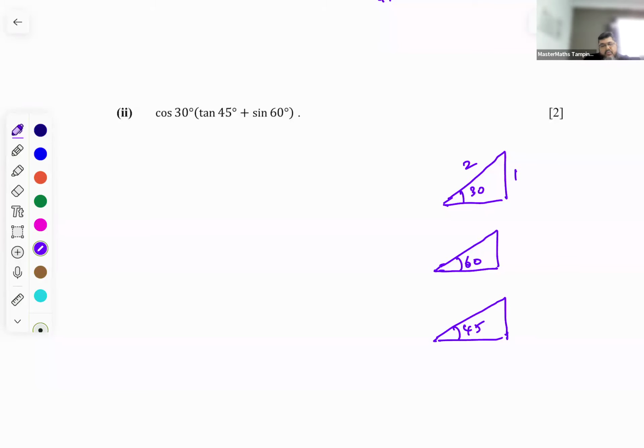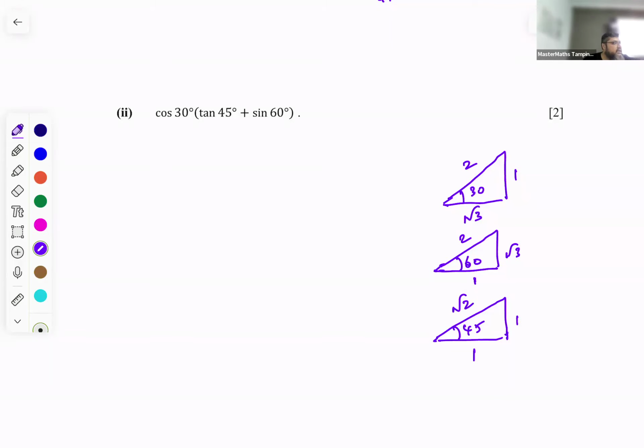So if this is 1, sine 30 is half, so this will be what? Square root 3. 4 minus 1, correct? Again, cosine 60 is half, 1 over 2, adjacent over hypotenuse. So this one becomes this one. Tangent 45 is 1, so opposite over adjacent. So this one will become square root 2.